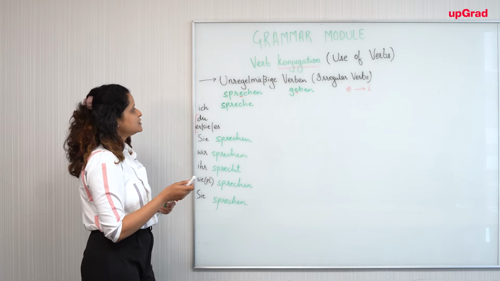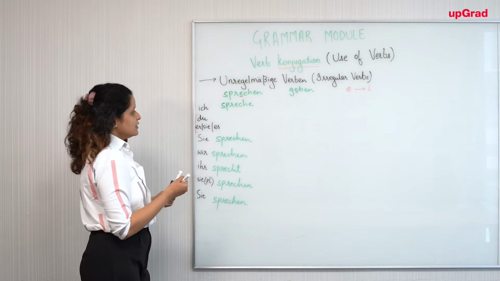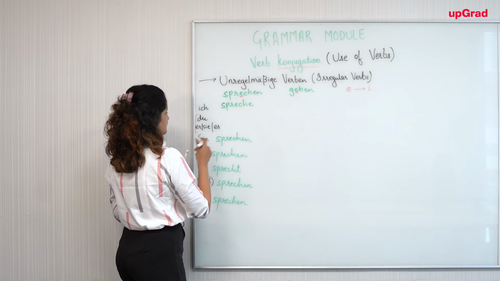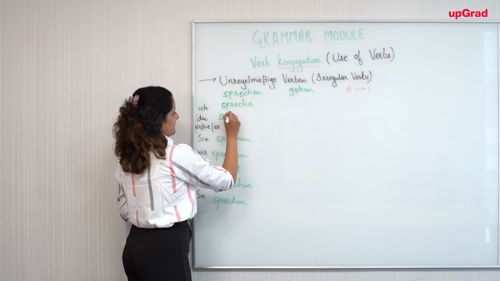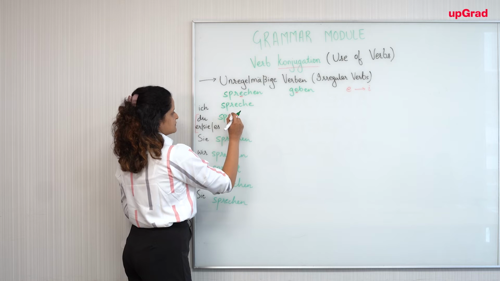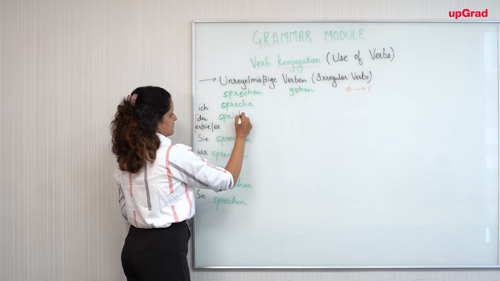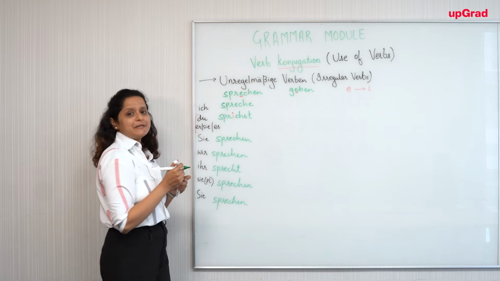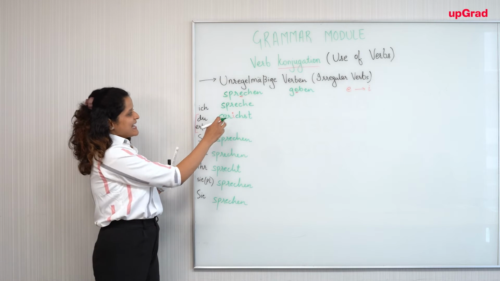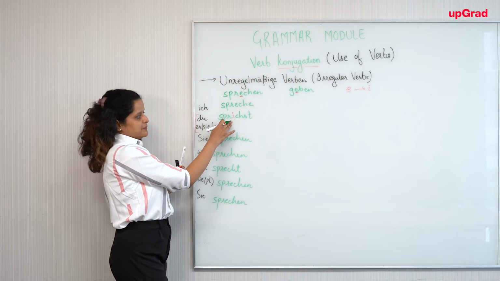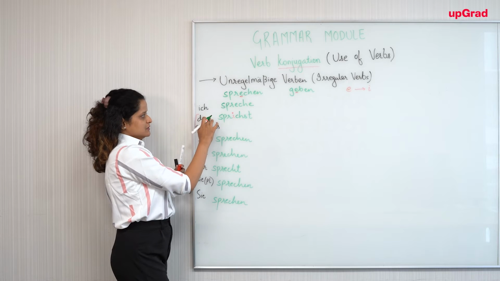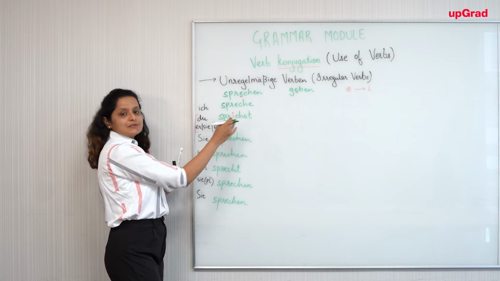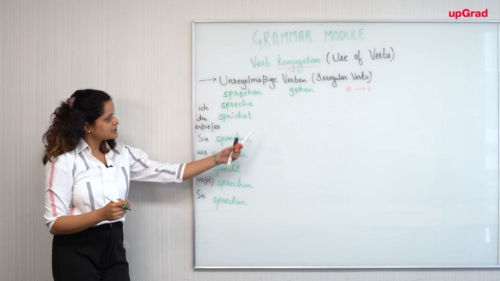That E changes to I. So we have the conjugation as du sprichst. So ich spreche, du sprichst. That ST will still remain. So there is no change in the ending.